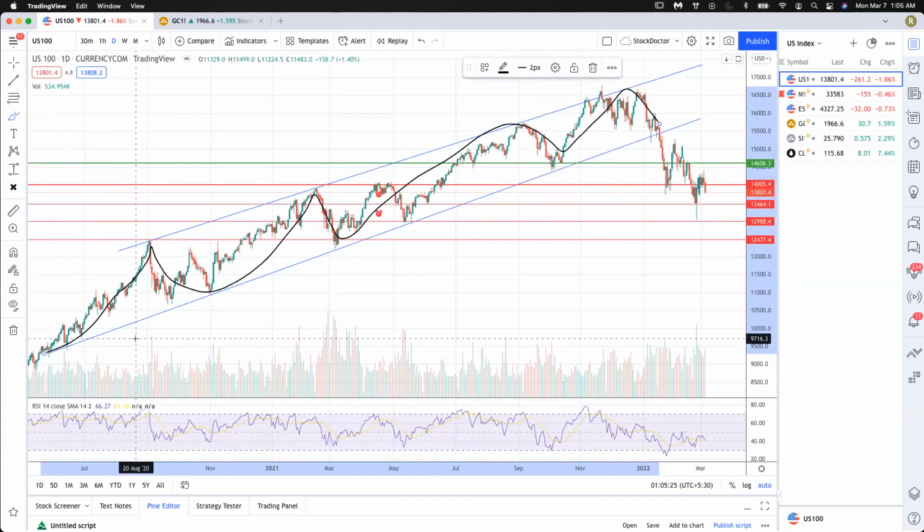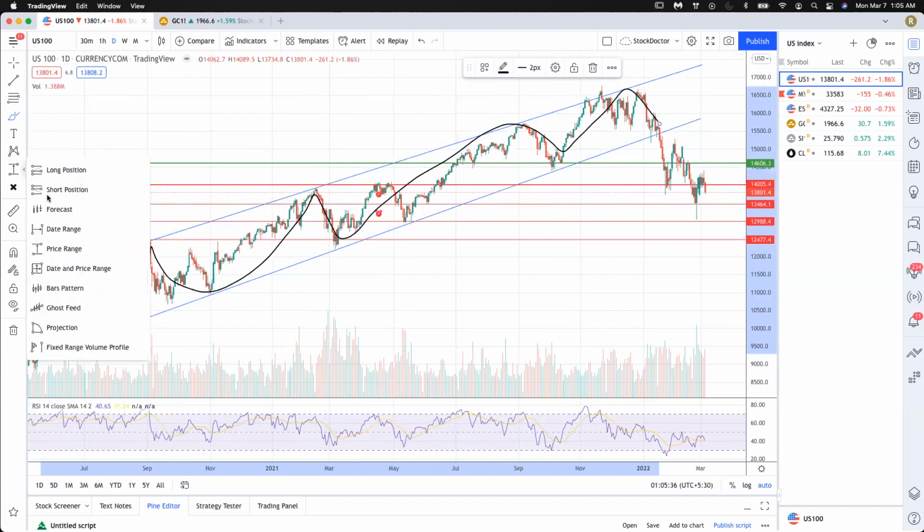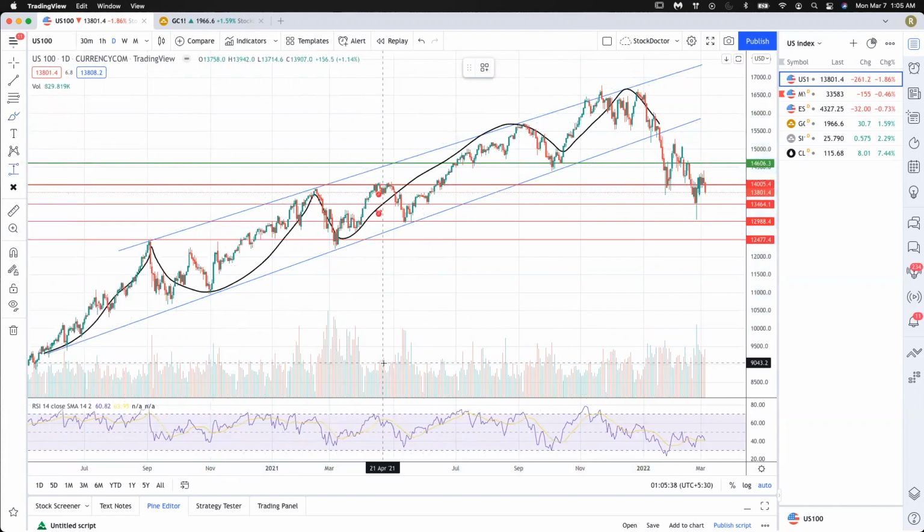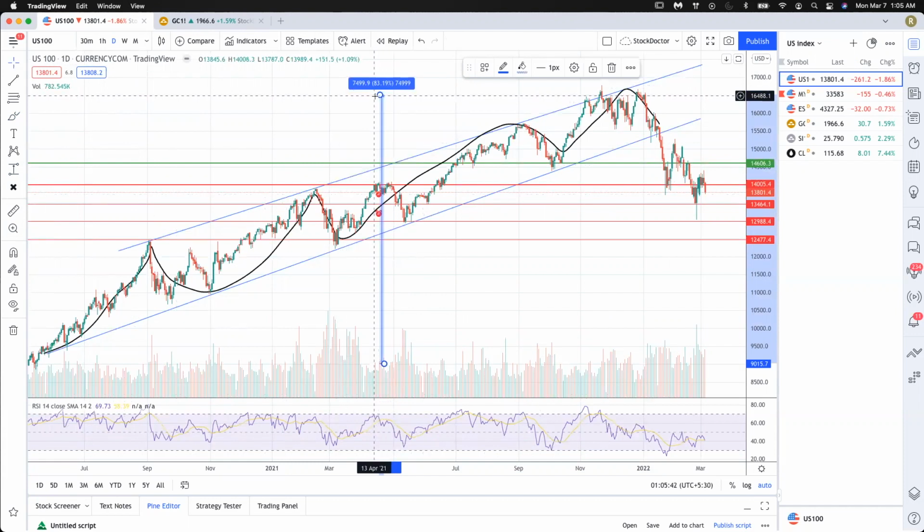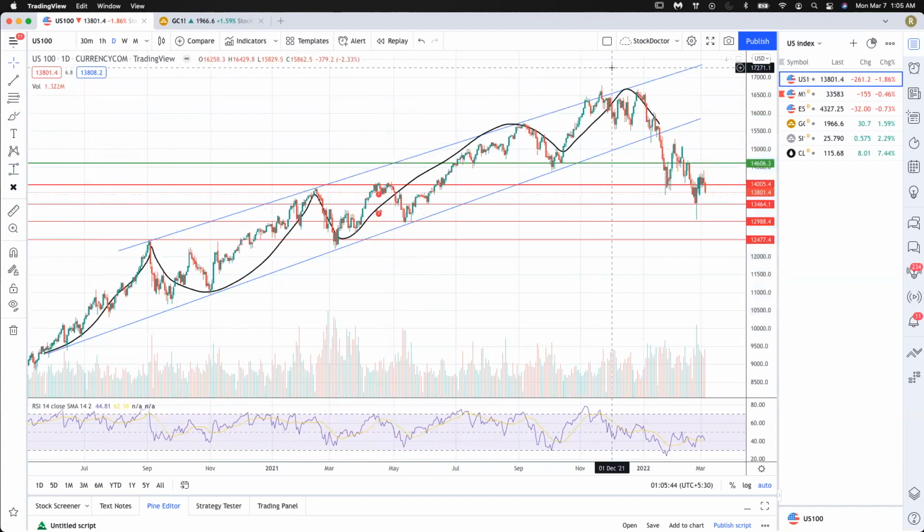You can see this rally lasted almost 1 year and 6 months. It was a continuous uptrend, and from this bottom to this top, almost an 83% increase happened on the index.